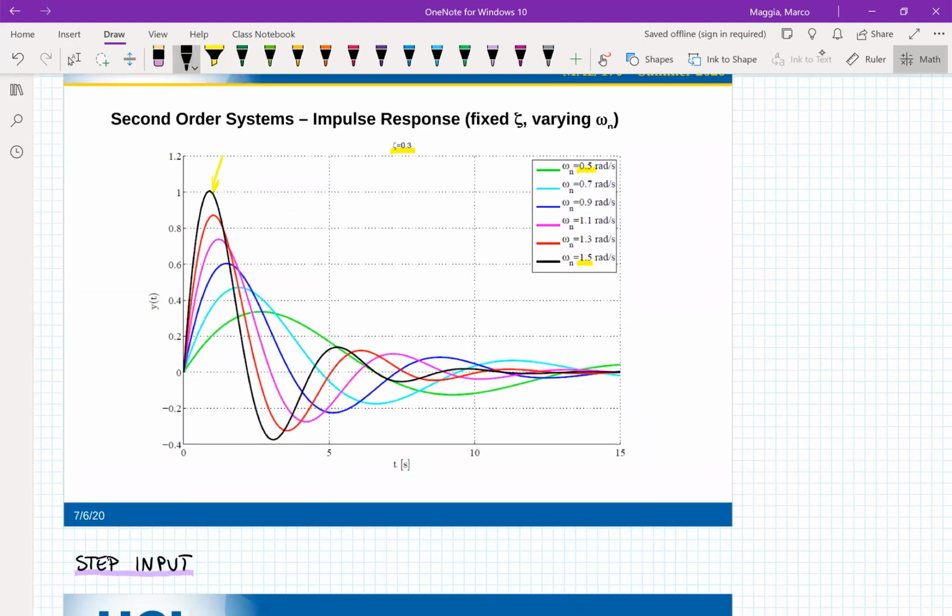So for an impulsive input, we have that in the time domain, impulsive input is just a line with an infinite height that applies only at t equals 0 plus, and then afterwards is 0. So the output ideally should look like the input.